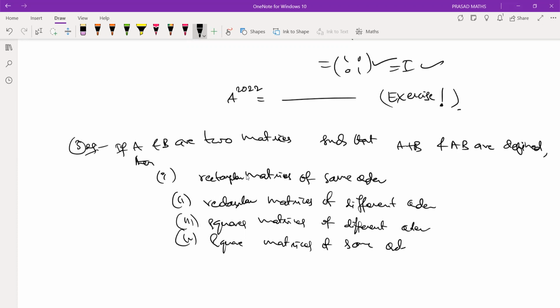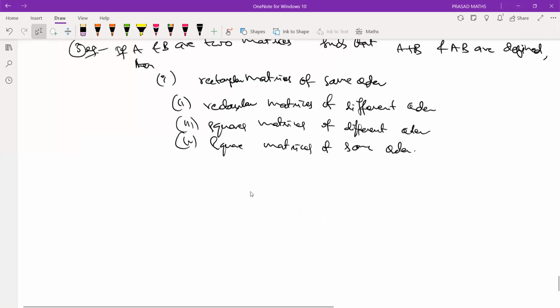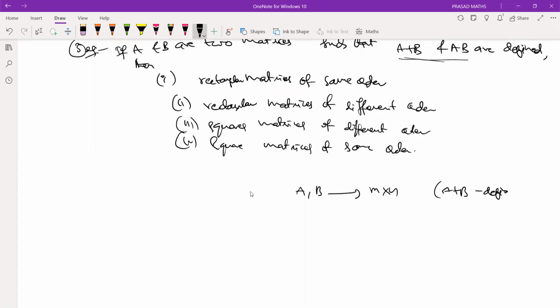Actually, I already told you when you want to define these. They are two matrices and they are defined. Without loss of generality, the order should be the same, because A plus B being defined means they should have the same order.